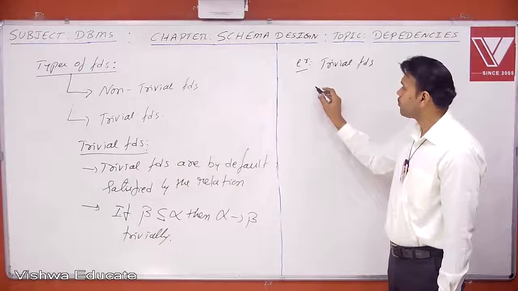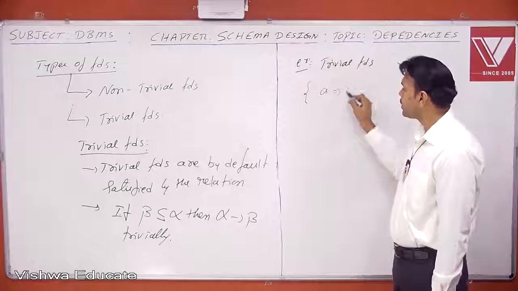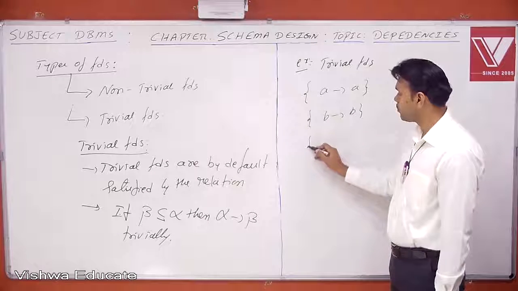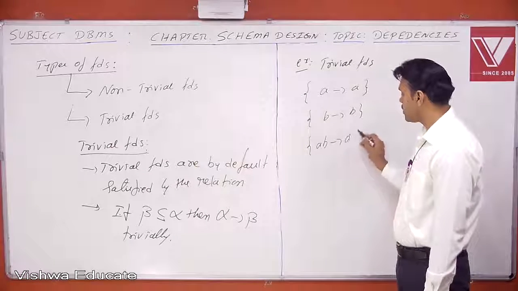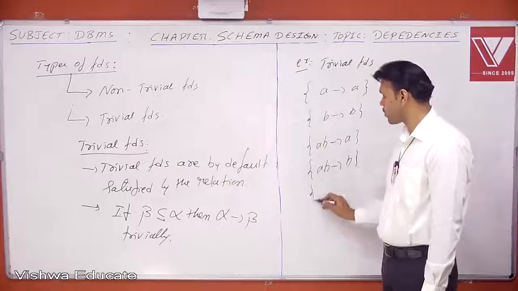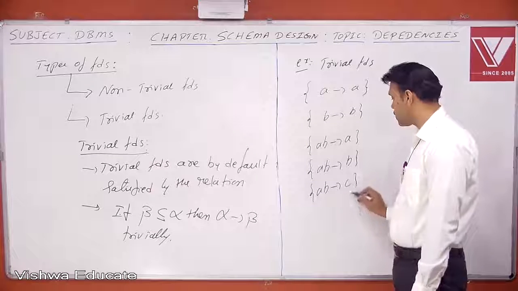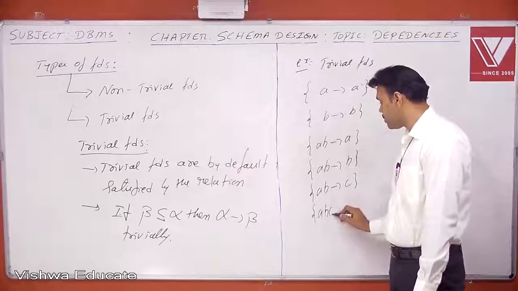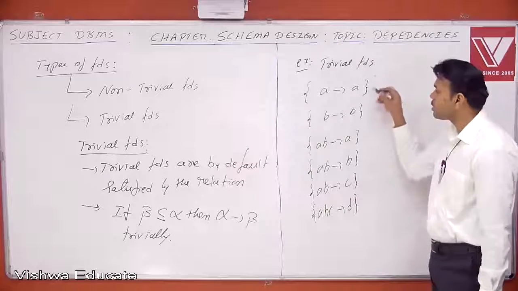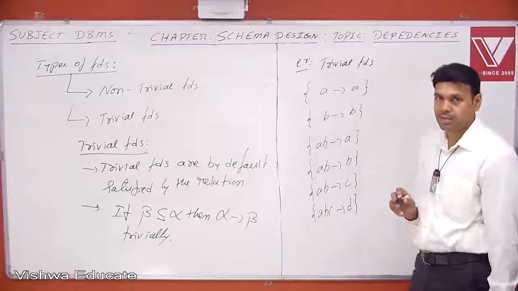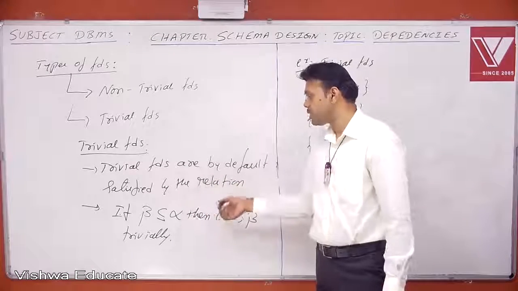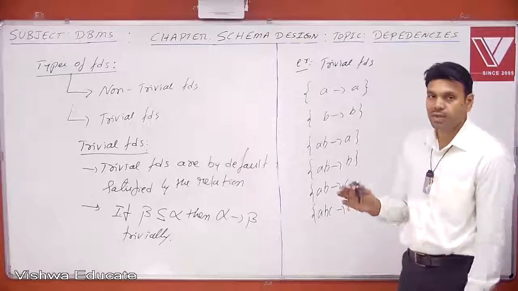I say A tends to A, B tends to B, AB tends to A, AB tends to B, AB tends to C, ABC tends to D. Identify which are trivial or non-trivial FDs. It's very simple. What I said: if beta is a subset or equivalent to alpha, then alpha tends to beta is trivial.